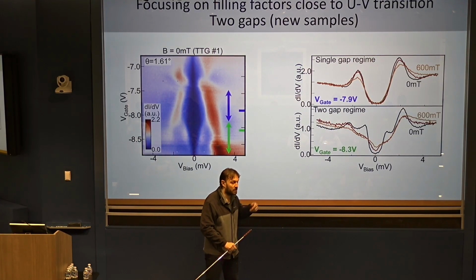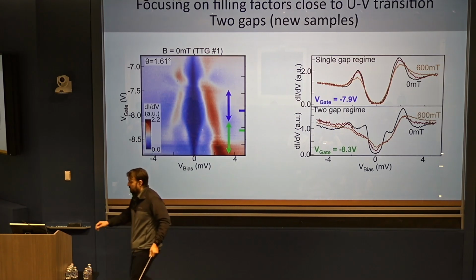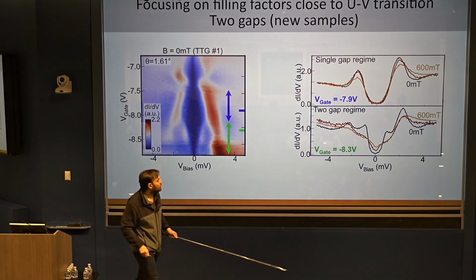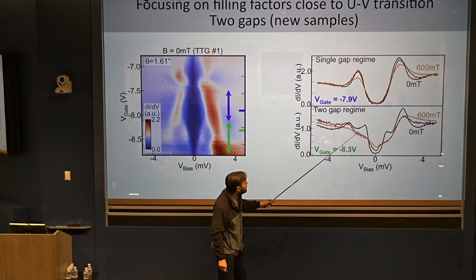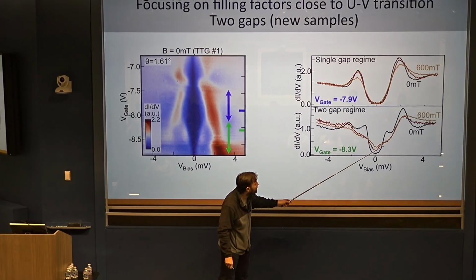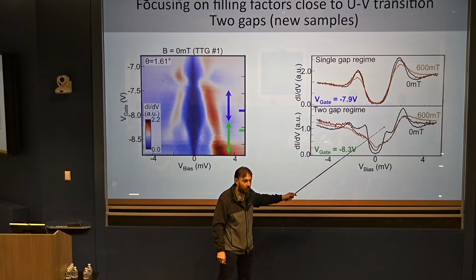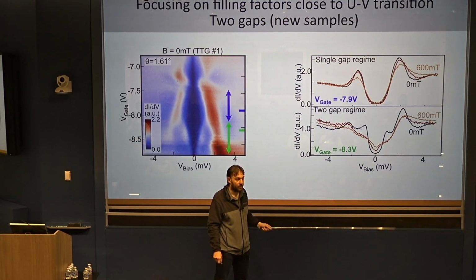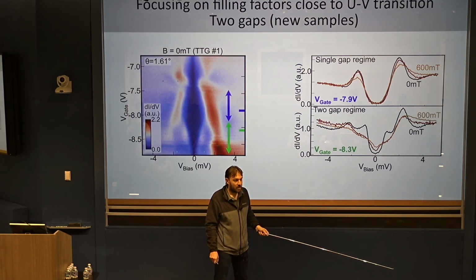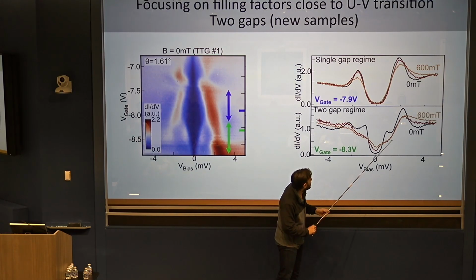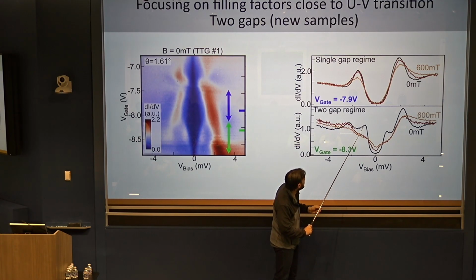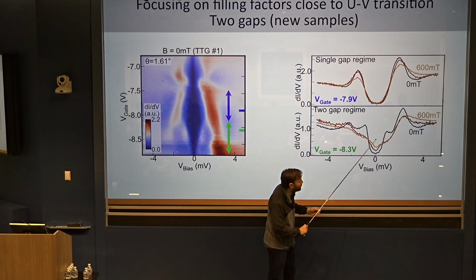Because there are different states that will fill up this gap, and you will not be able to resolve it. If you have two gaps on top of each other, you imagine that the coherence peaks are much lower in intensity.